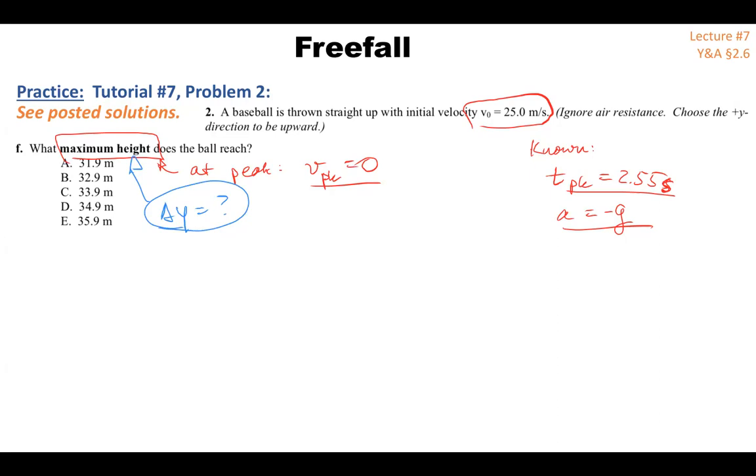So what is the displacement up at the peak? Well, there are multiple correct ways to proceed at this point. If you choose equation 3 from our kinematics equations, the velocity at the peak squared is equal to the velocity at launch squared plus 2 times a times delta y, and that's the displacement up at the peak. If we plug in our values, we can solve for the displacement at the peak.